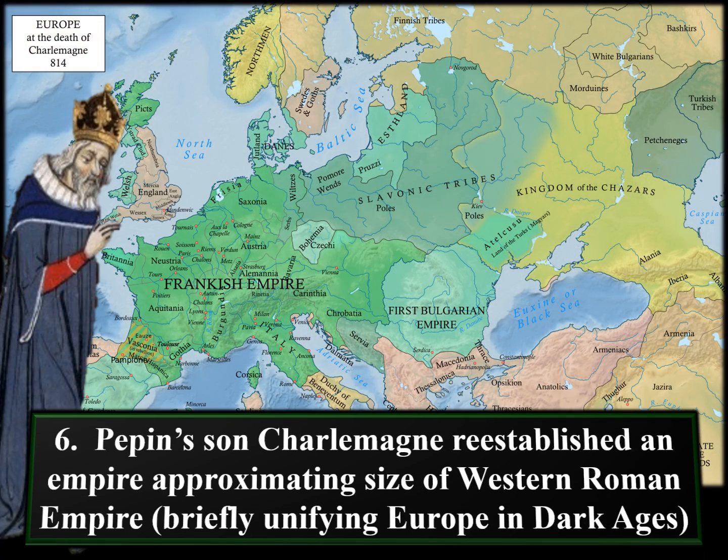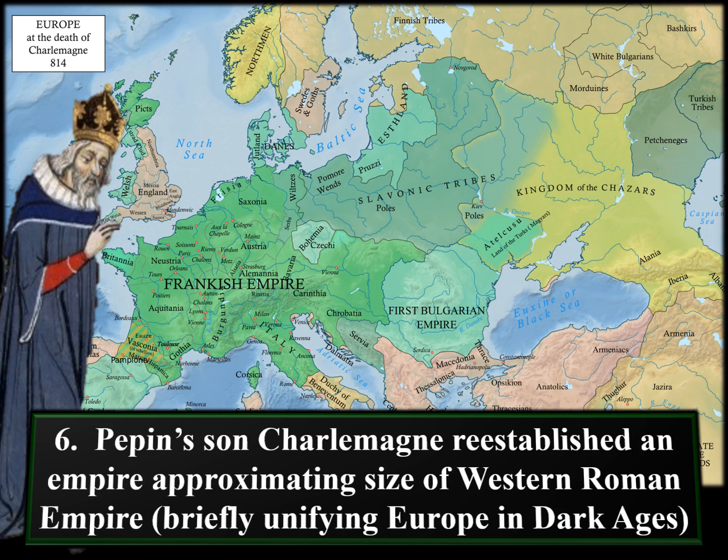Pepin's son, Charlemagne, is probably the most important of all of the Carolingian kings. Charlemagne will reestablish an empire approximating the size of the Western Roman Empire, briefly unifying Europe in the Dark Ages.